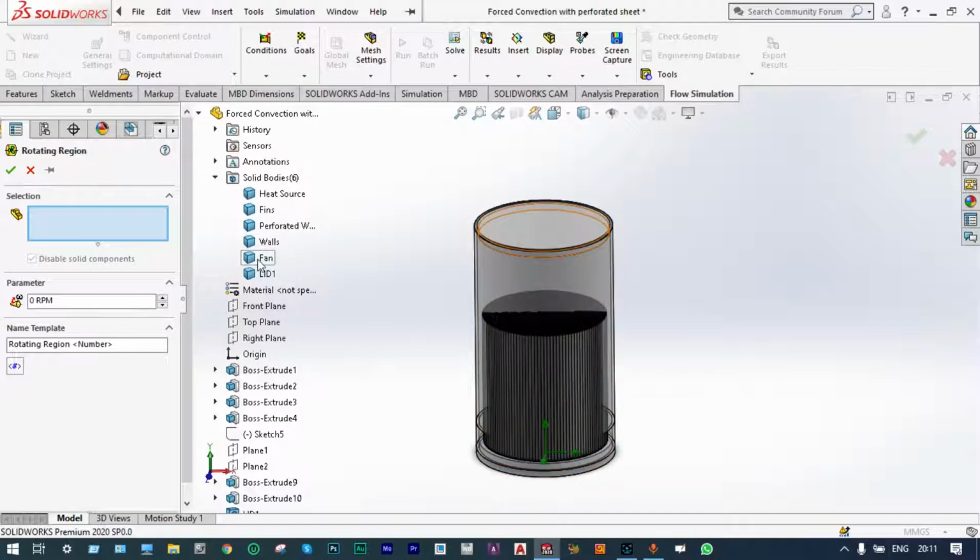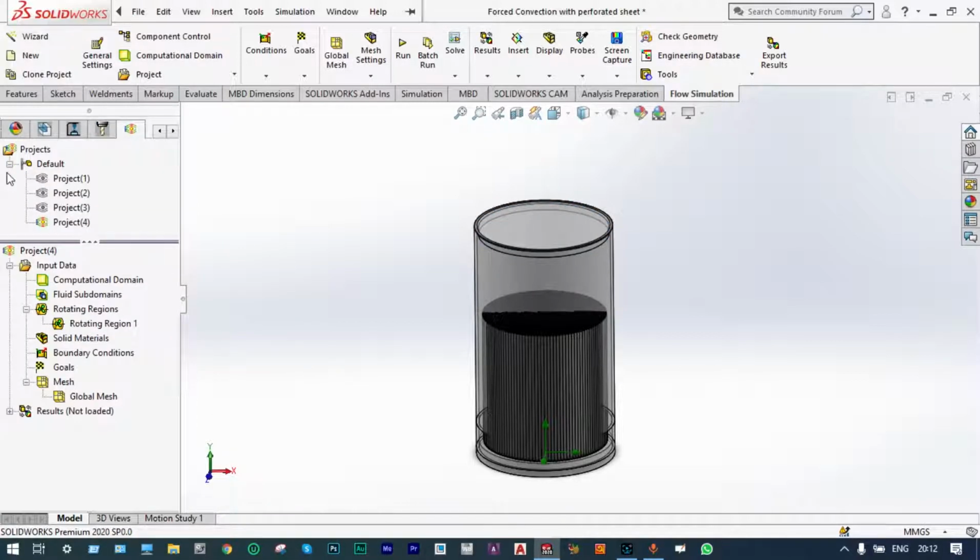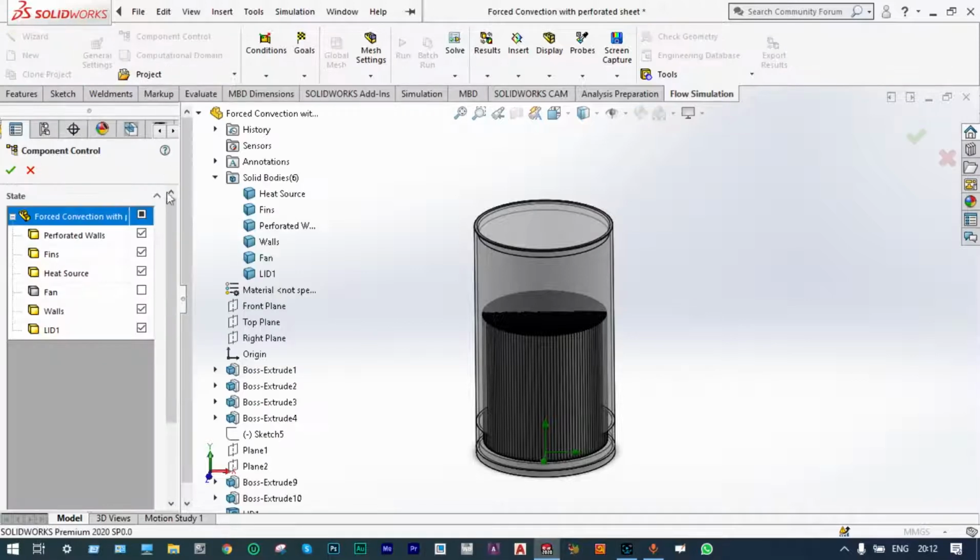We have renamed that one as fan from the solid entities, and let us provide the rotation of that fan to be 10,000 rpm, and the minus sign is provided to have the direction of rotation be anti-clockwise. And we can check from the component control options that while considering this analysis, the fan will be disabled.